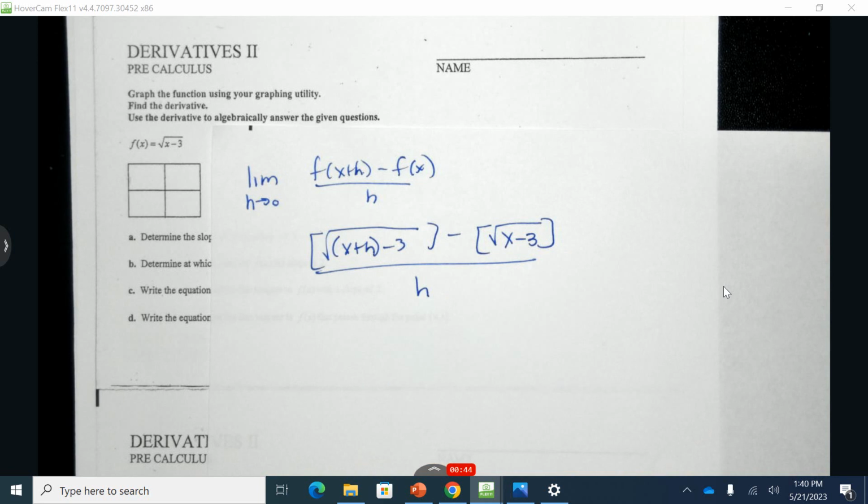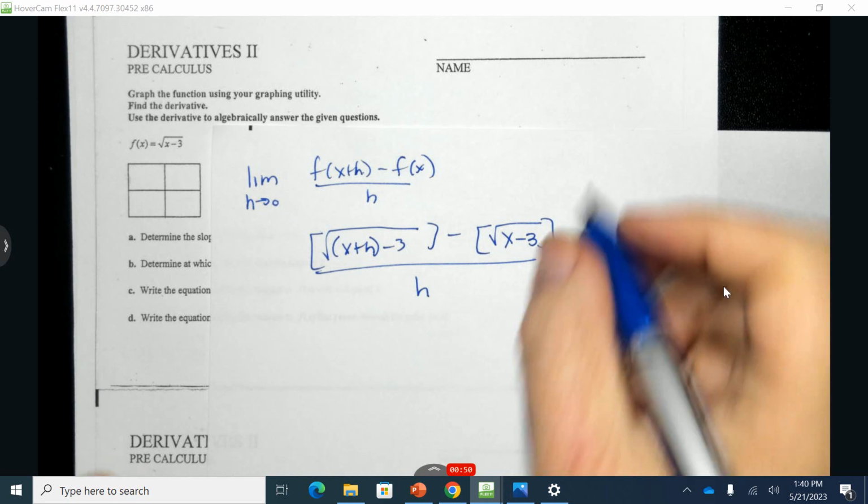All right, so I need to continue to find a way to rewrite this. And so I'm going to multiply by the conjugate of the numerator.